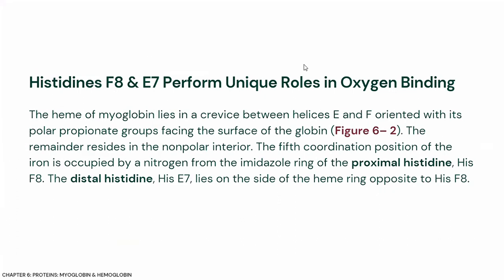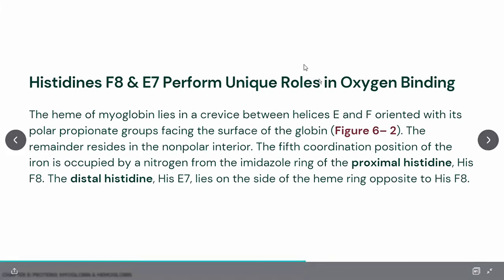F8 and E7 have a unique role in oxygen binding. This is very important. You have the proximal histidine, that's F8, and the distal histidine, E7.